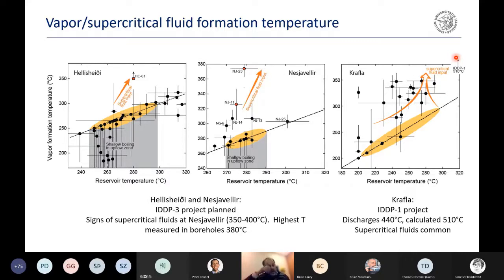So basically here we can see that in some cases these excess enthalpy wells clearly show signs of presumably a deeper vapor phase that is percolating through the typical conventional geothermal reservoir and causing excess enthalpy behavior. And sometimes the temperatures are exceeding the critical temperature of water. So this is what we would call a supercritical fluid or super hot fluid.